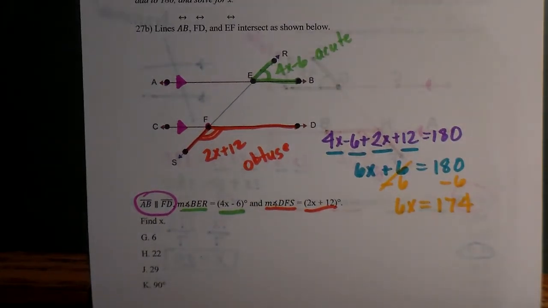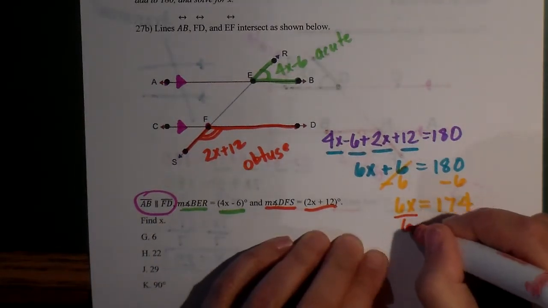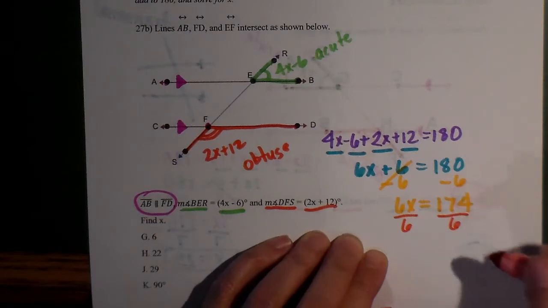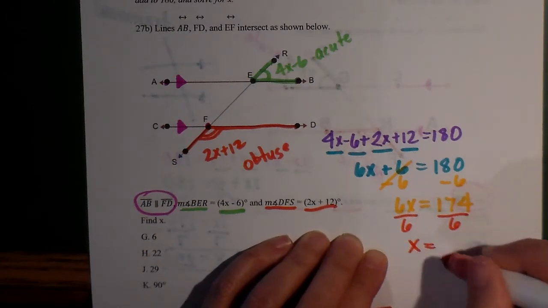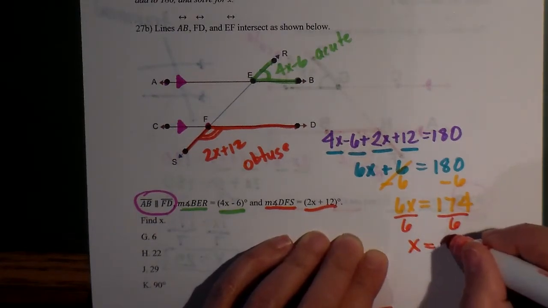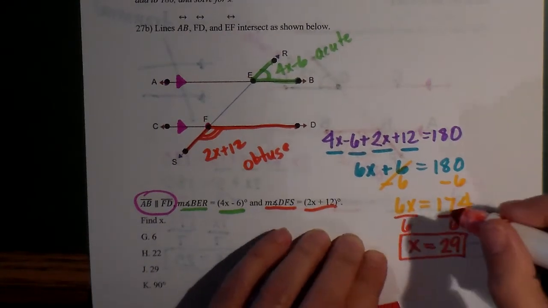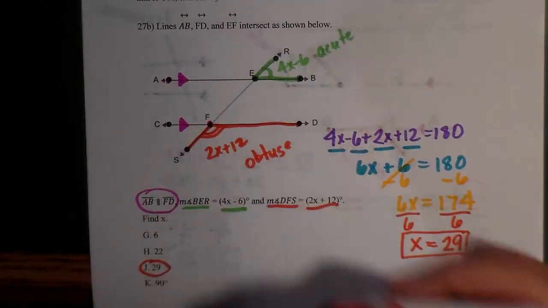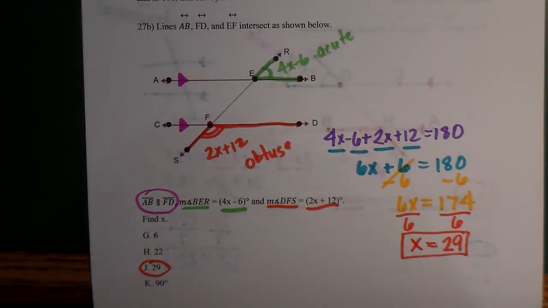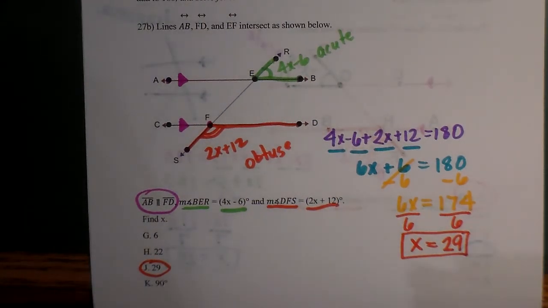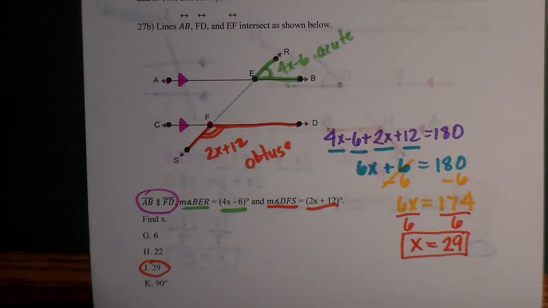And then your last step, always with algebra, is to divide when you do a simple algebra equation. So I'm going to divide both sides by 6, and you're going to get 29. And so the answer is J, 29. So that's how you do the equations here when you're using the parallel lines.